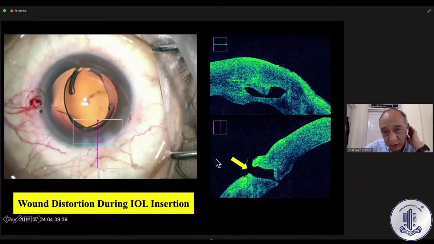So this is what we are working on now, to look into a volumetric analysis of incision dimension. Normally you use various devices to measure the incision dimensions, which doesn't give you the volumetric change after each step of surgery.